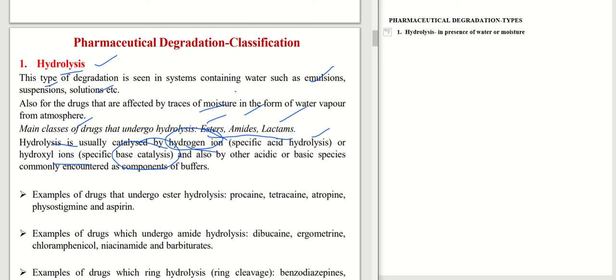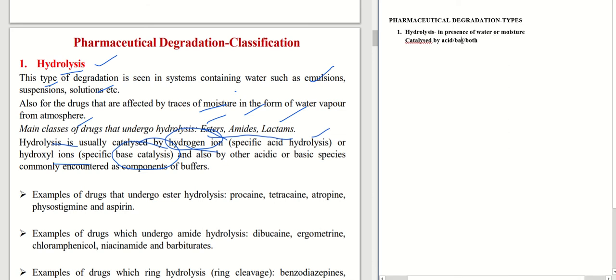So if we can break this chain, if we make the reaction devoid of acid or base species, we can actually prevent this hydrolysis. Now let me put it this way: hydrolysis is catalyzed by acid or base or both.